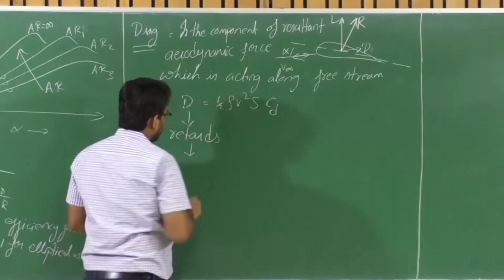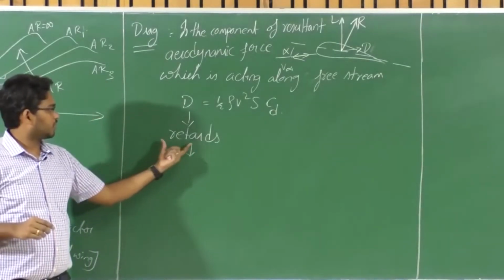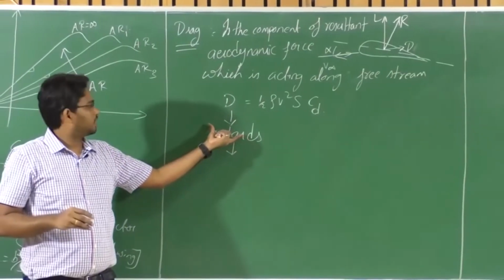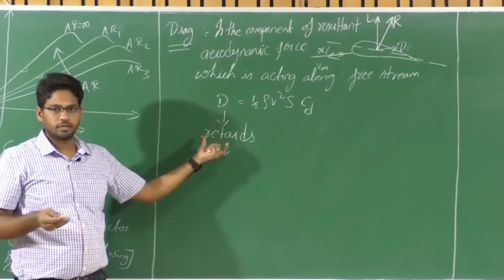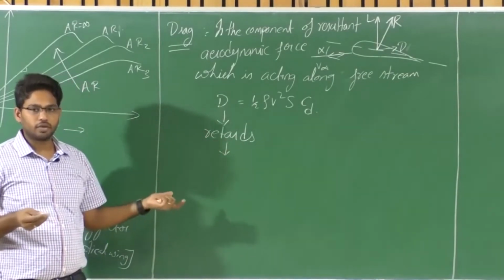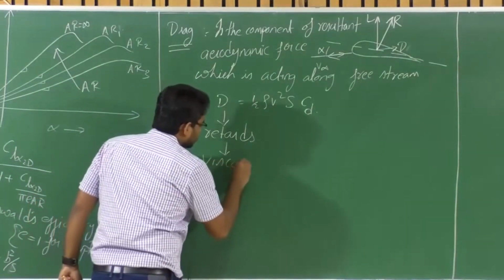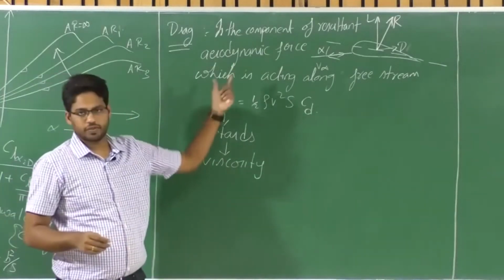So what do you remember as soon as somebody talks about retardation in a fluid? What is the property of the fluid that helps this to happen? Friction, fluid friction, right? The fluid friction is called viscosity. So viscosity is the major contributor to the drag.